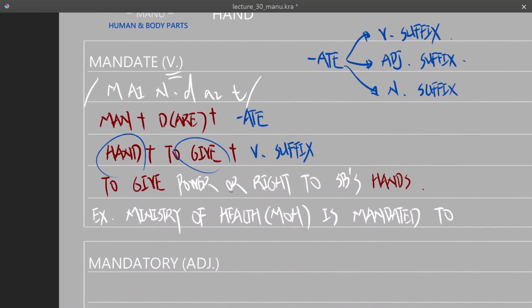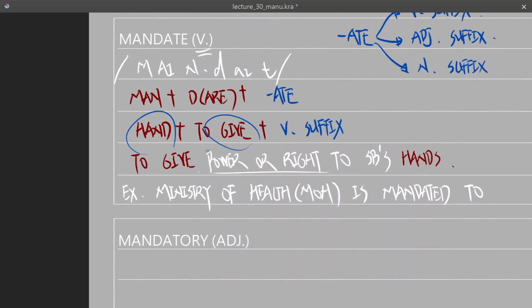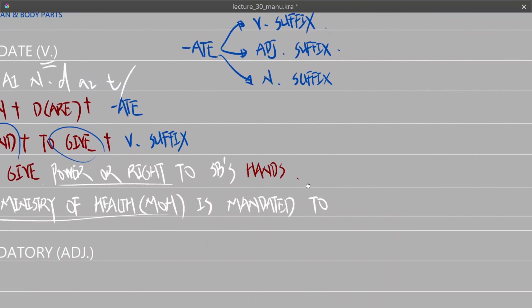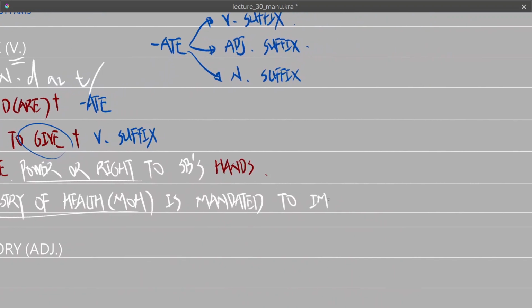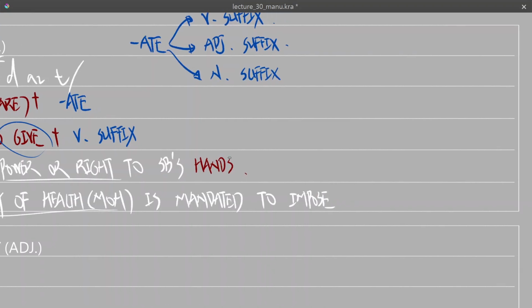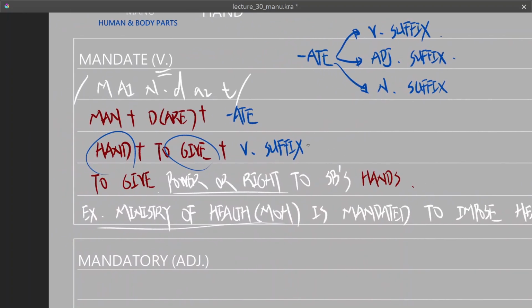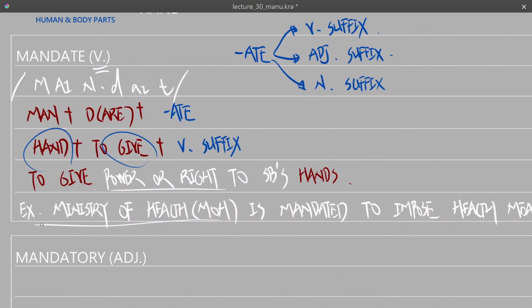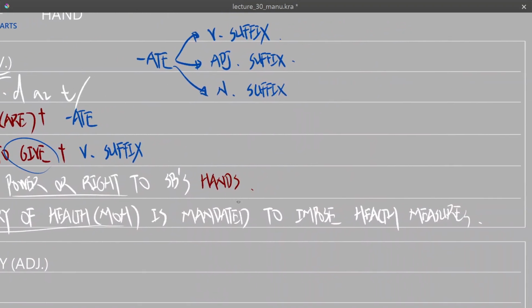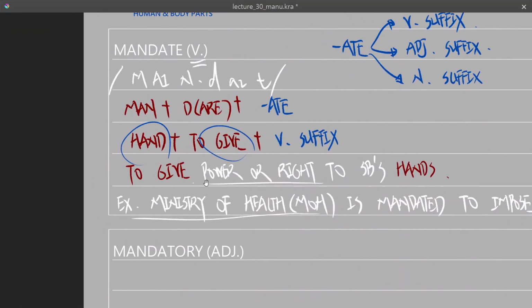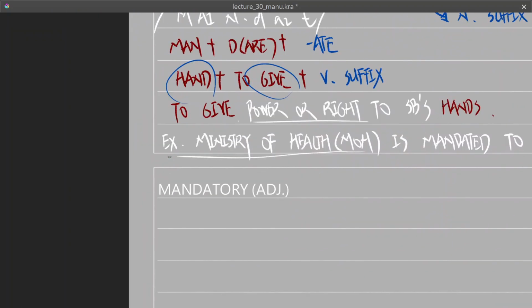We give the power to the Ministry of Health to do what? To impose, of course, health measures. Alright, Ministry of Health is mandated to impose health measures.